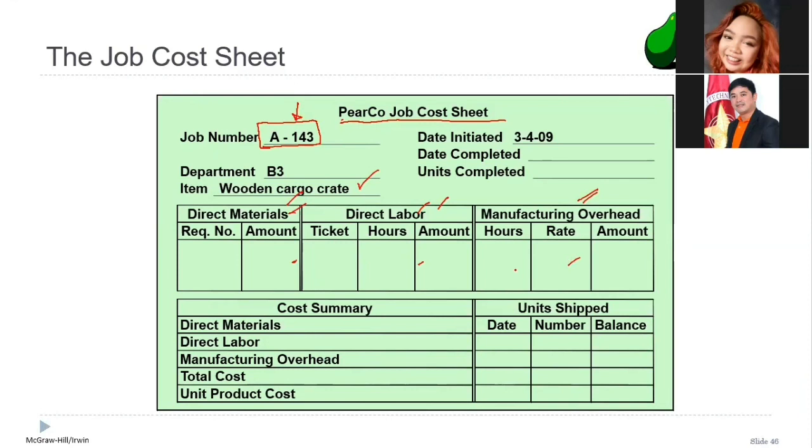So kung ang customer mo ay 10, na lahat na to ay ginagawa mo ngayon, 10 job cost sheet ang meron tayo at 10 unique na job number ang i-assign natin sa kanila. And whenever gumagastos tayo ng materials, labor, and overhead, check natin anong job ba ang pupuntahan nito, doon natin i-record sa job cost sheet na yan. But at the end of the day, lahat na nire-record natin doon will be accumulated in the work in process account. Okay, so let's continue.